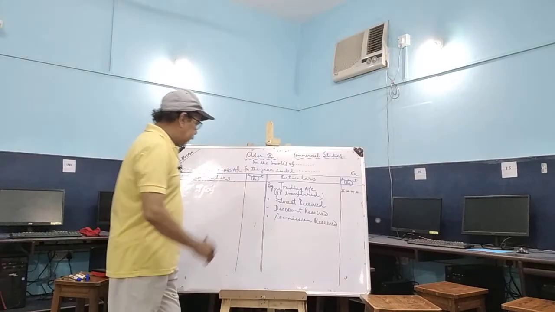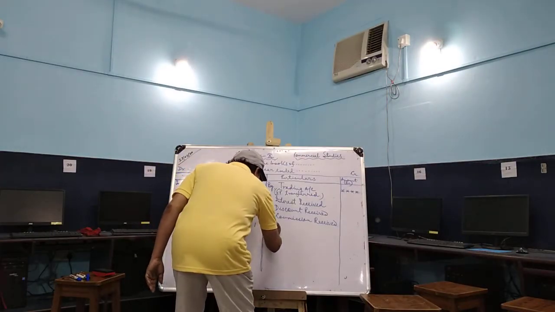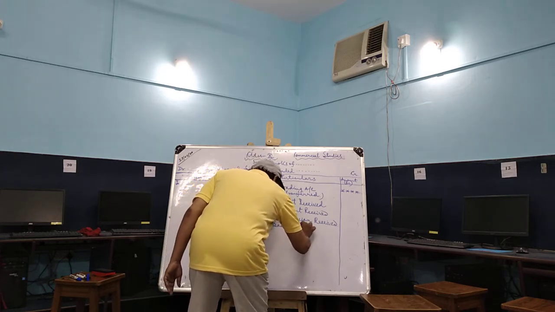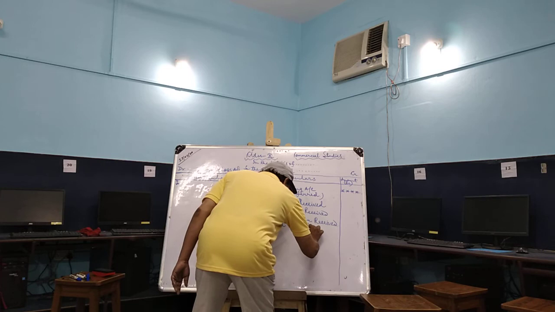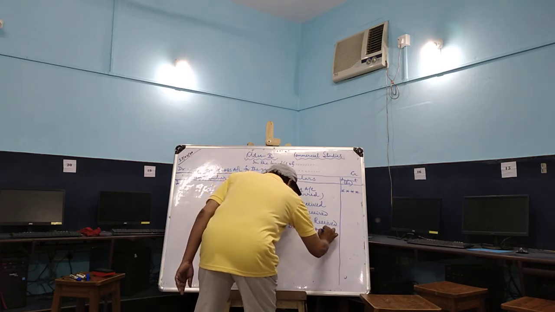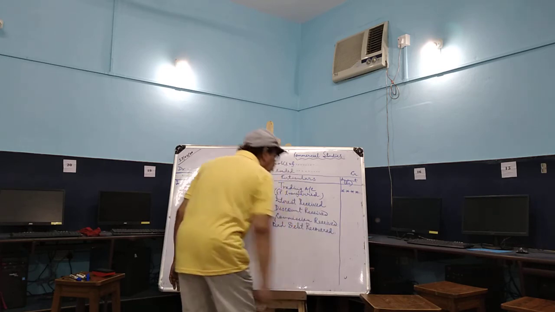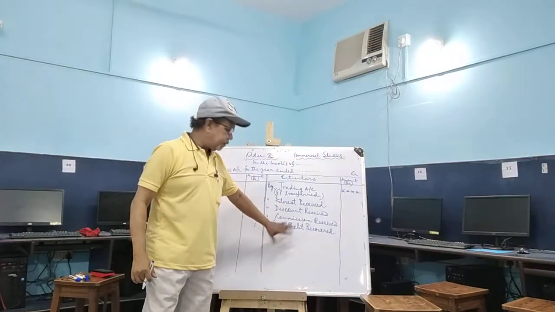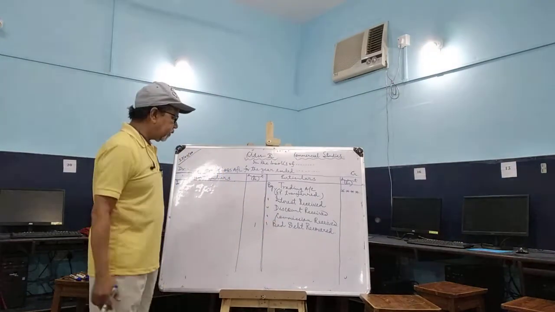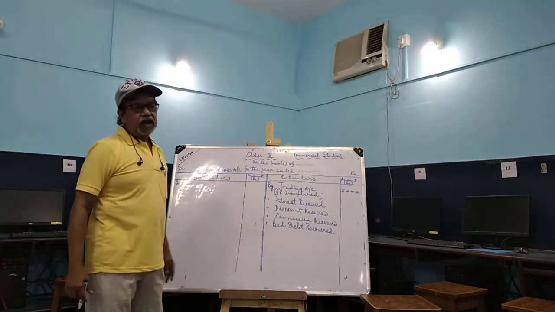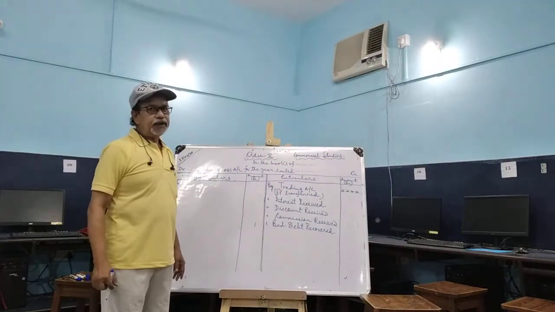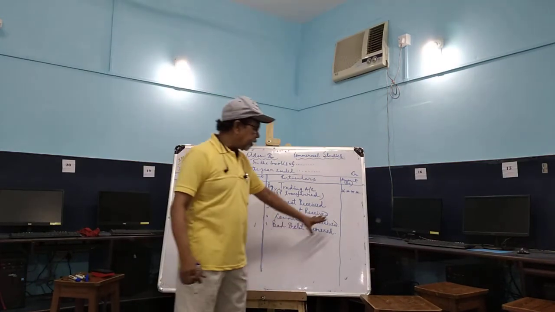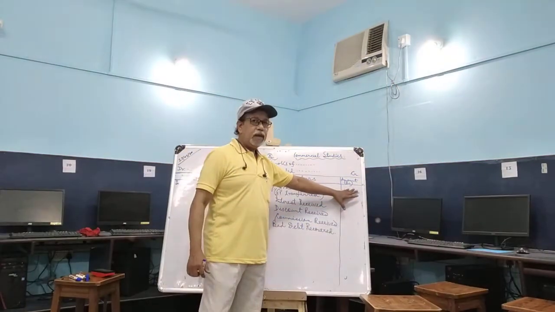Okay. Now another item may be here: Bad debt recovered, etc. This bad debt recovery, we will discuss afterwards. These items are known as non-operating income. So these are the incomes of the business concern which may be recorded on the right hand side and added up with the amount of transfer.